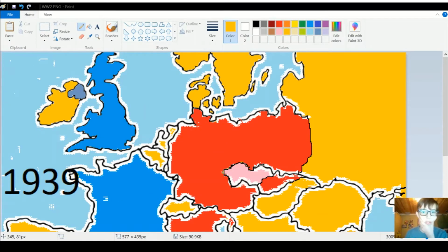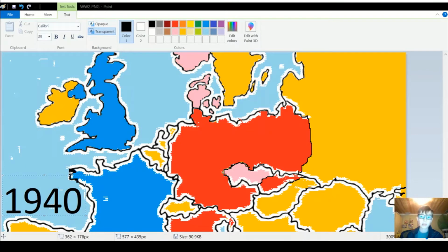And remember that team? Well, that again didn't go so well, but in honor of Poland, the UK and France are going to declare war on Germany here. So nothing really happens at this point. This is a little period in the war called the Phony War, where no one really does anything for almost a year.